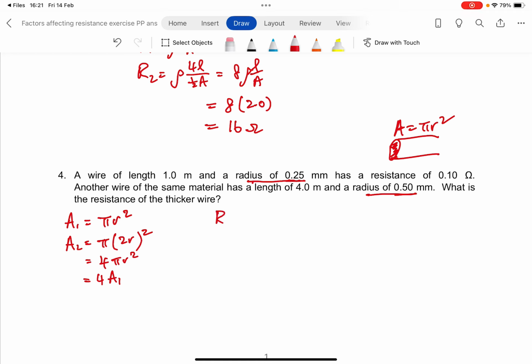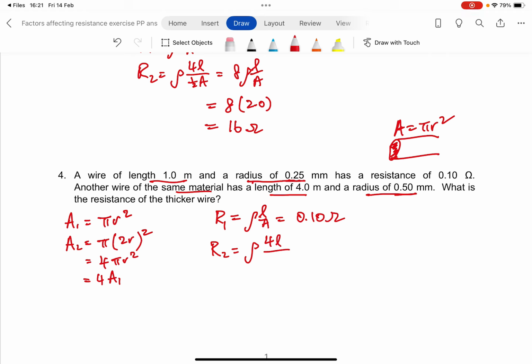Okay, so we are told that the length of the first wire is 1 meter, the length of the second wire is 4 meters, and the material is the same, so rho is the same. So R1 equals rho L over A, which is 0.1 ohms. Okay, for R2, the length, as we have said, is 4 times.